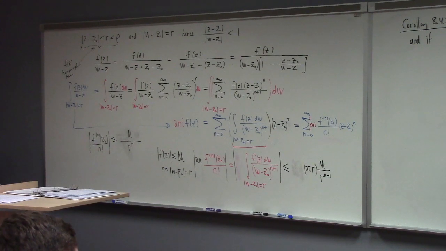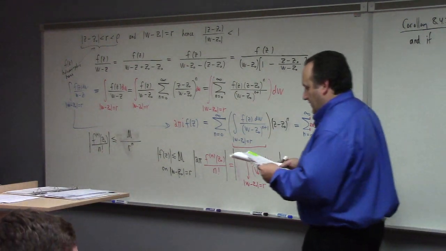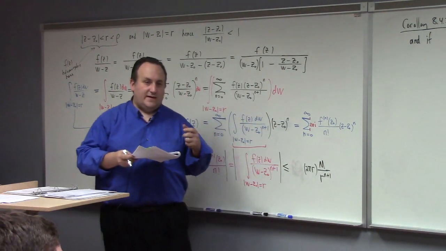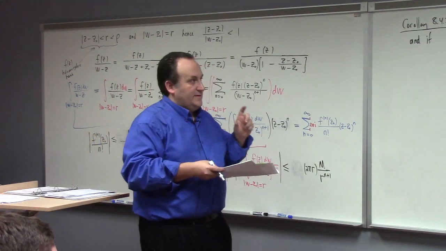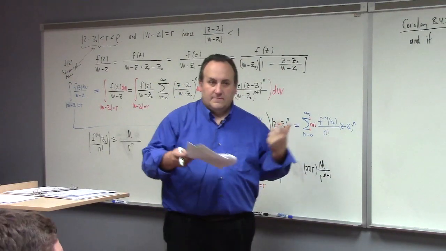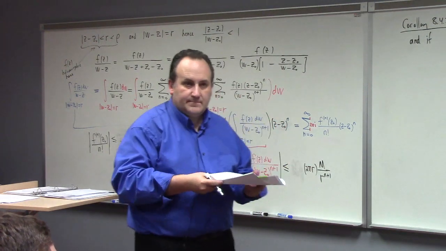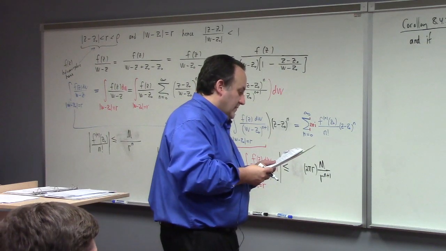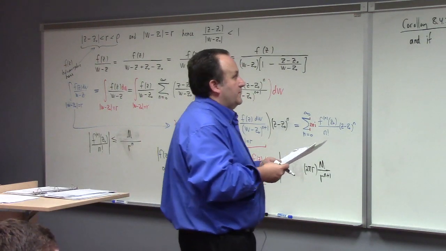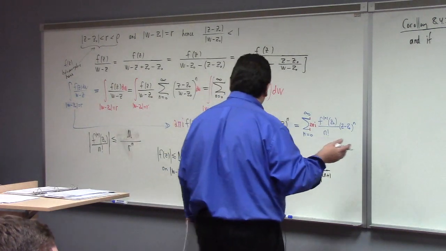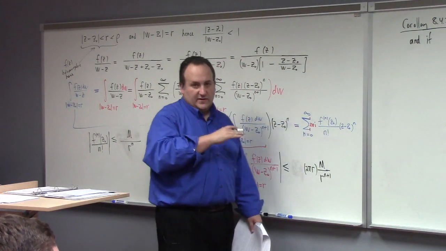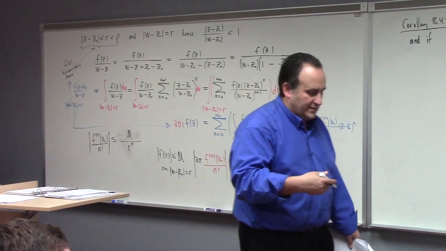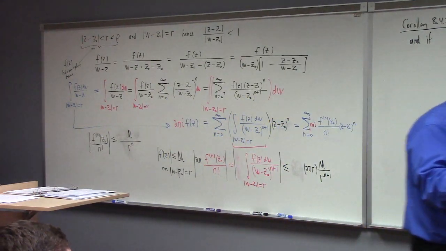In other words, if you have two functions which are holomorphic on some disk, and they agree with their values at the center of the disk, then they're the same function. And so the proof is really just the generalized Cauchy integral formula, which is that what that theorem said is that if the function's holomorphic, then it's represented by its power series.